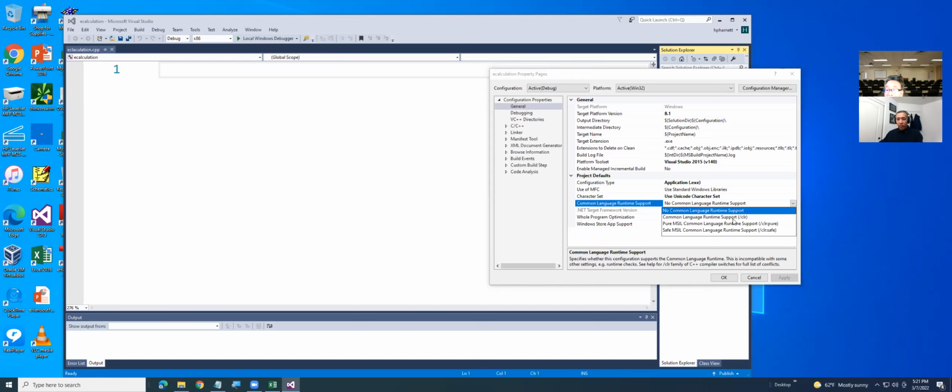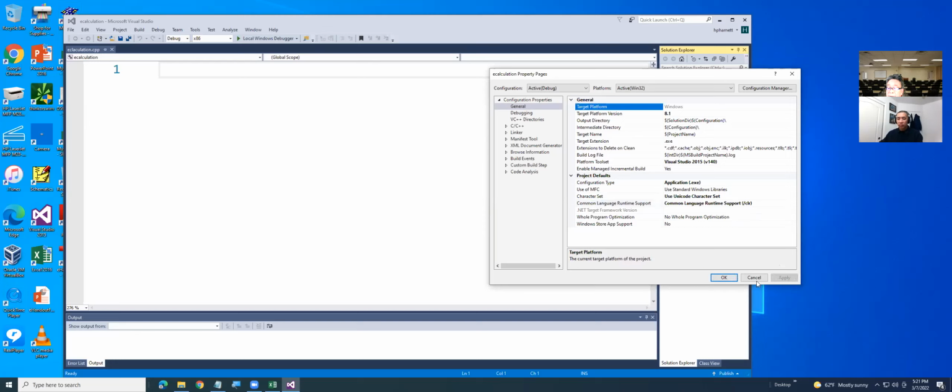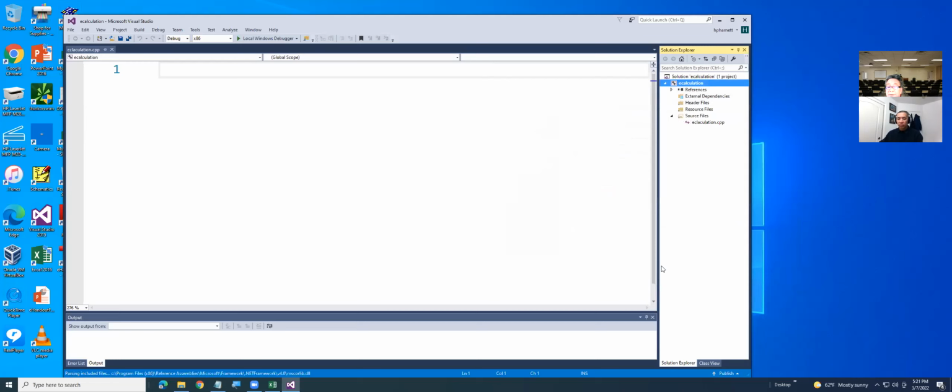Click on common language, class CLR. Then you say apply and you say okay. So that is completely the program. Either on the DLab or e-calculation, you have to do exactly the same thing.